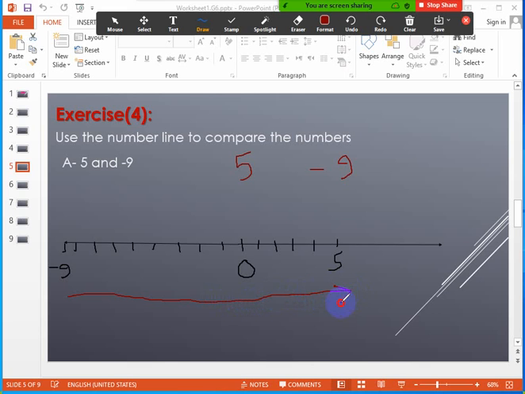The right. Very good. This is the direction that the numbers become greater. You have to save this direction. So that means 5 is greater than -9. Thank you so much, Farah. According to the number line, this is the direction that the number becomes greater.